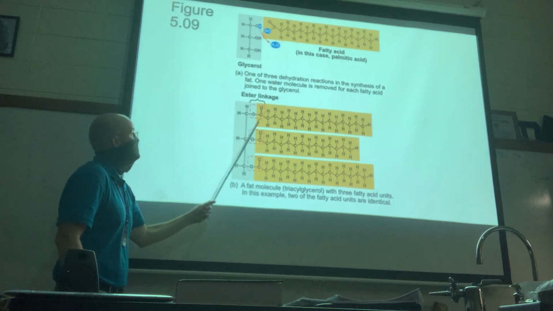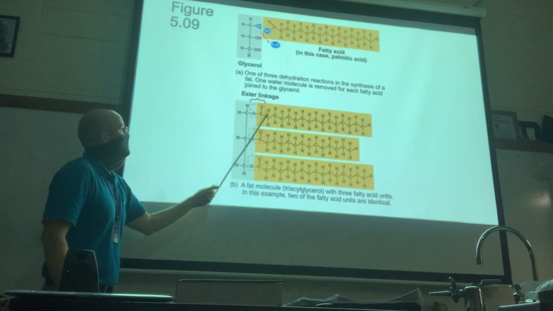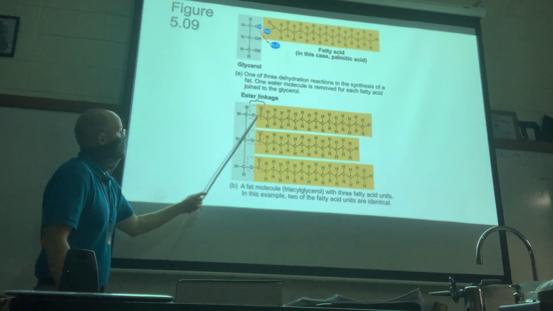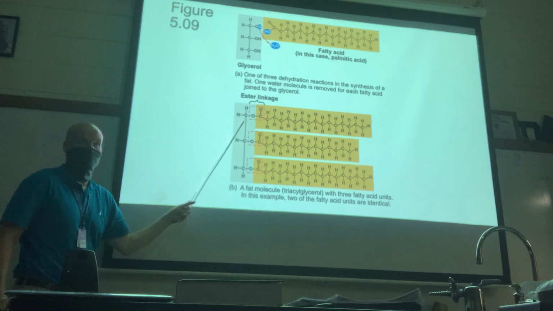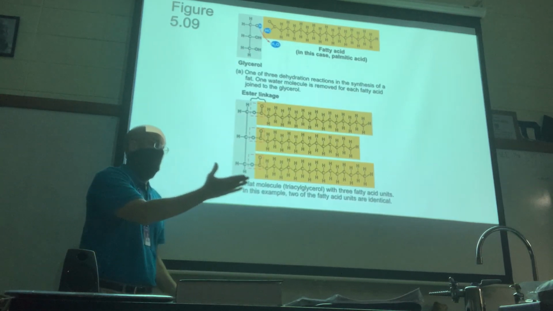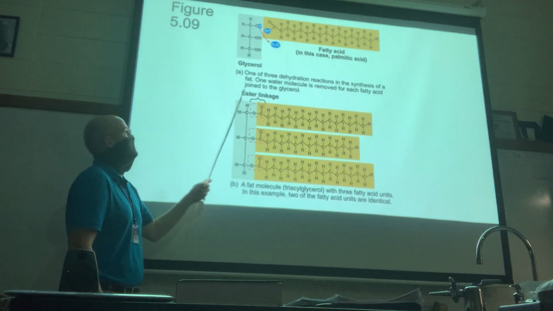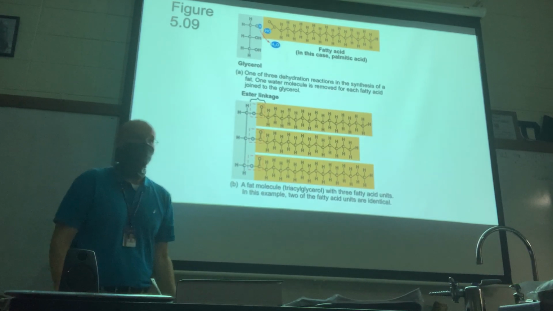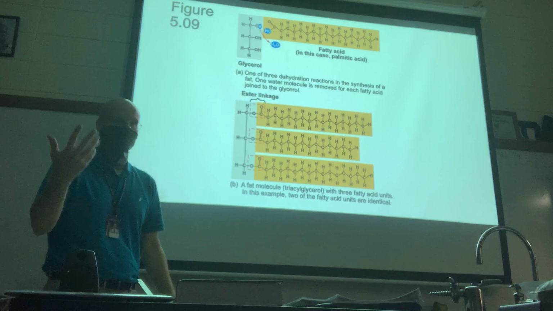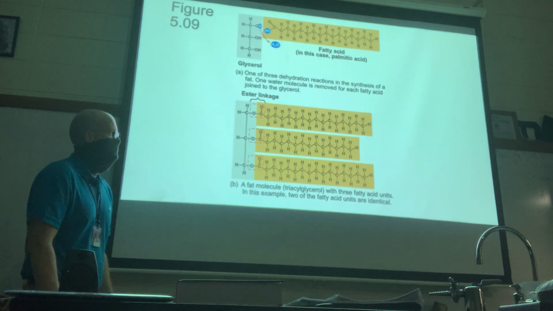This is the result of that, where this fatty acid is now directly bonded to the glycerol. And again, like with the glycosidic bond, we have a name for that. We call it an ester linkage. But I don't care about those specific bond names.